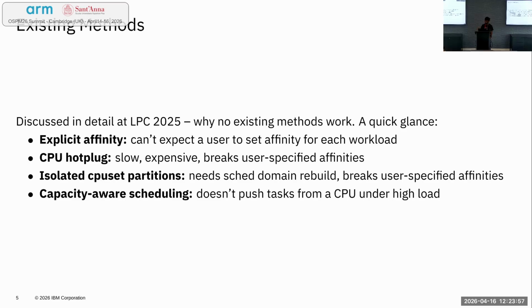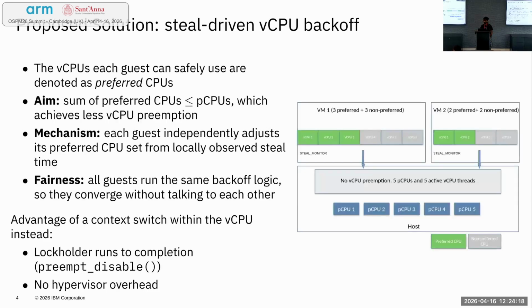And that's the ABI today, and that's okay because the user is driving the hot plug event. He knows what is going on, and it's not driven by the kernel. Whereas here it's driven by the kernel, and you can't reset the user affinities. And in this case, if you have one affinity on a non-preferred CPU, it will continue to run there.